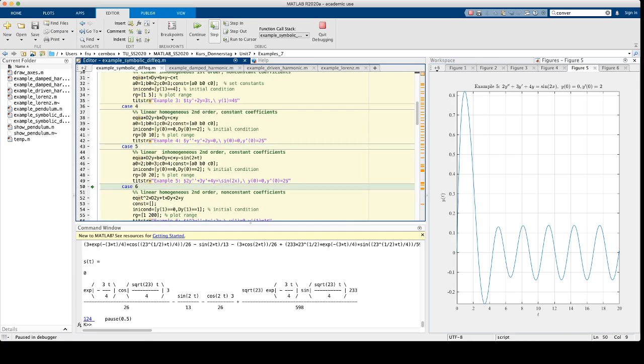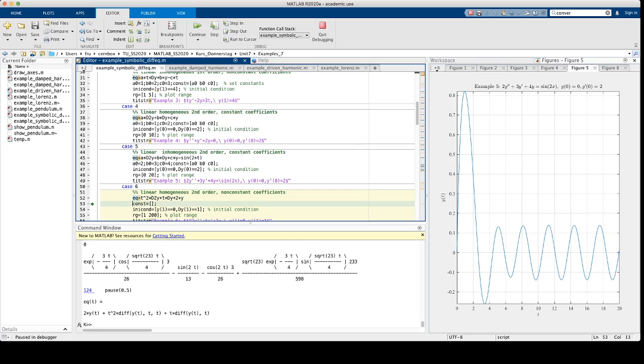Example 6 is a linear homogeneous second order equation with non-constant coefficients. It reads t squared times y double prime plus t times y prime plus 2 times y equals 0. There are no symbolic constants in this equation.